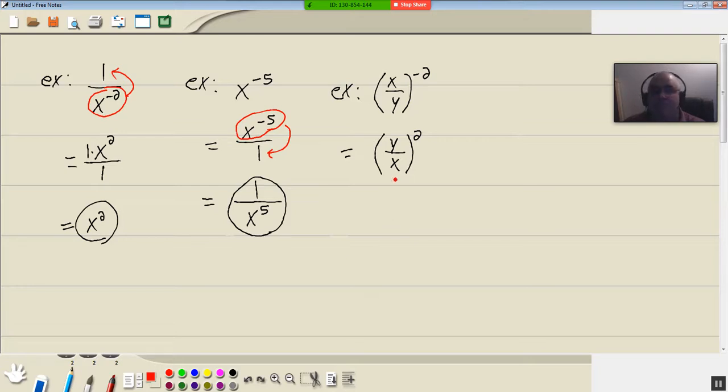Now, remember what we talked about earlier: anytime whatever's inside of parentheses is either multiplied or divided, and you raise it to a power, you can apply the power to everything inside. So we'll take the y to the second power and the x to the second power. That's going to give us y squared over x squared. And that's our answer. Okay, let me clear that off.